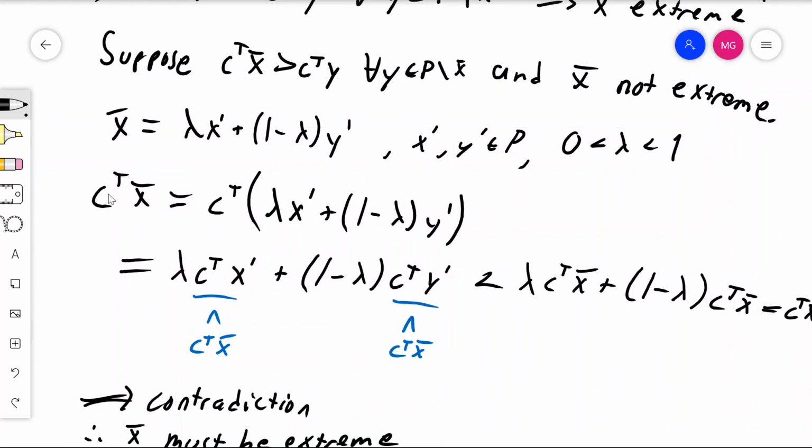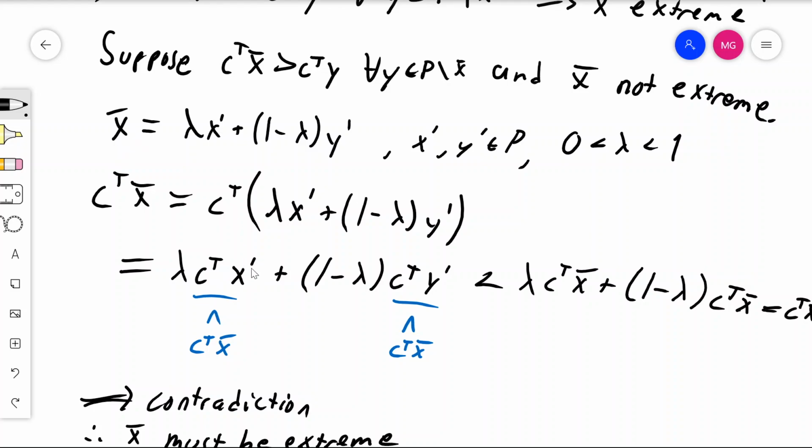And then for c transpose x bar, we can just replace x bar with that right-hand side, and distribute the c transpose in, and you get lambda c transpose x prime plus 1 minus lambda c transpose y prime. But remember, x prime and y prime are points that x bar is strictly between. So x prime and y prime are distinct from x bar. They are still in the polyhedron, but they are different points.